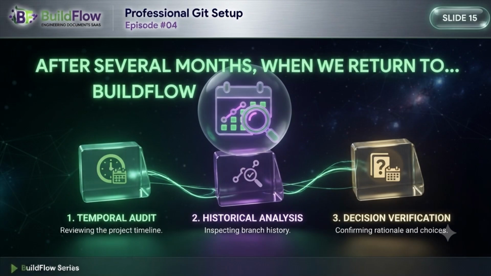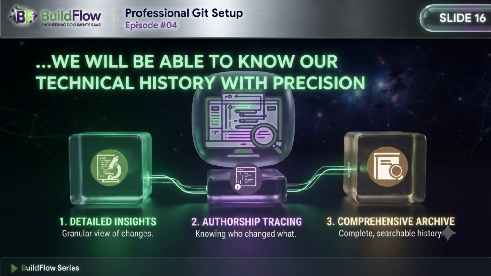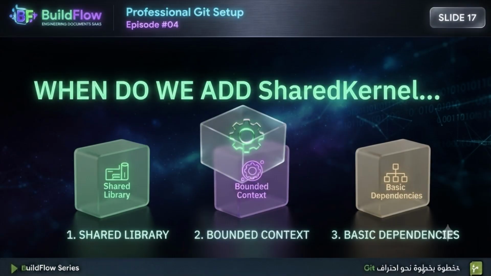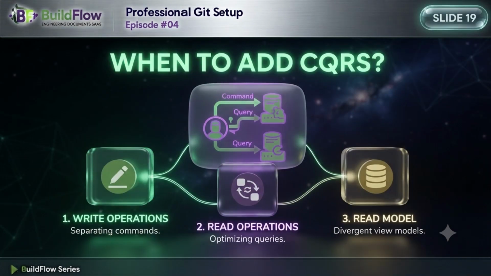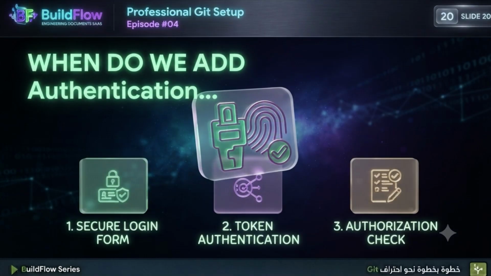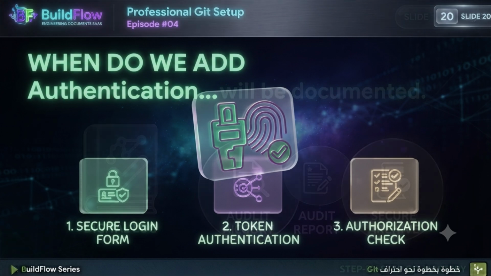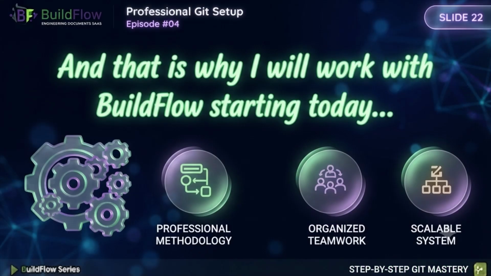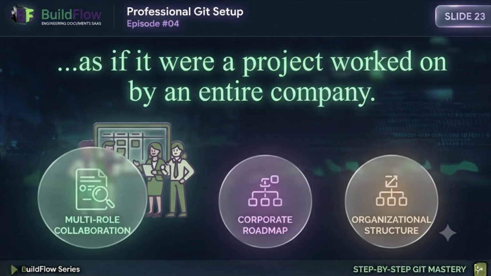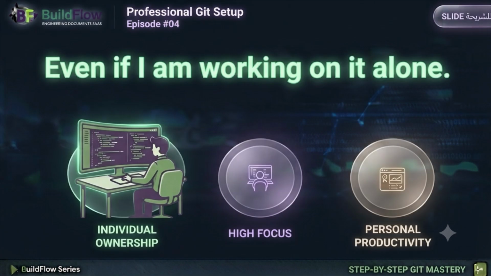Months from now, when we come back to BuildFlow, we will be able to see when we added the shared kernel, when we created our first aggregate, when we introduced CQRS, when we added authentication. All of this will be documented, and that is why from today onward I will treat BuildFlow as if it were a project being developed by an entire company, even though I am working on it by myself.